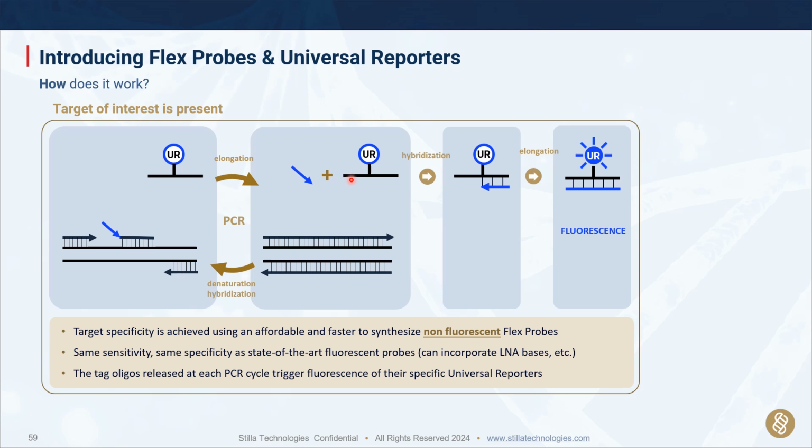And only in the presence of that specific target gene of interest will the universal reporter then generate fluorescence, which is detected by the instrument. In this method, we can have the same target specificity and sensitivity as the state-of-the-art fluorescence, but we're using the more affordable and faster to synthesize non-fluorescent flex probes to generate the fluorescence.